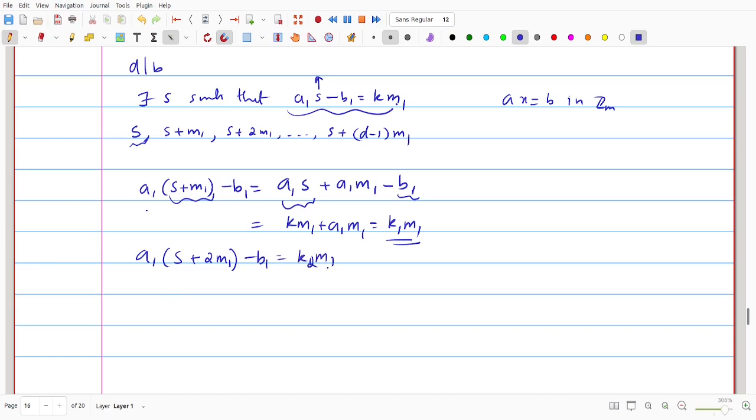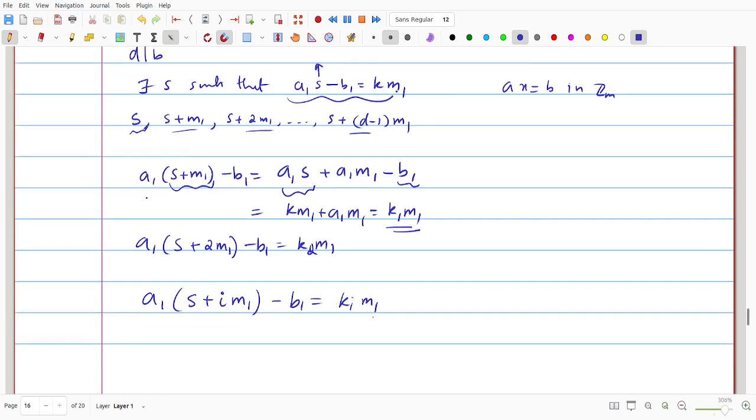So if we choose any element of these, any s plus some i times m1, that will give a multiple of m1. So this minus b1 is equal to a multiple of some ki times m1.